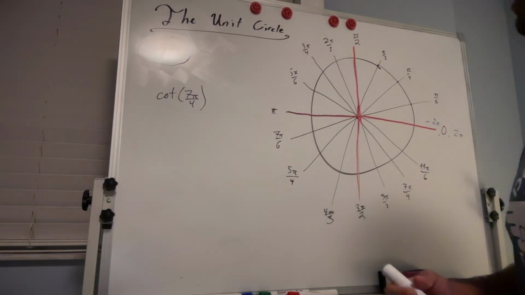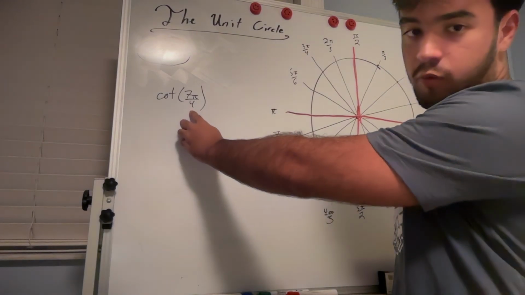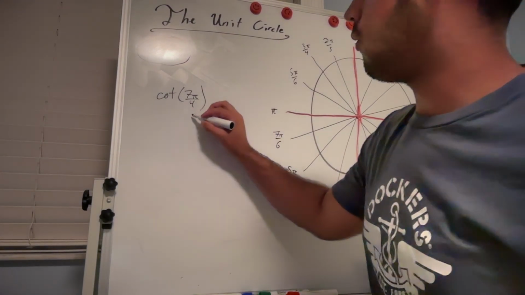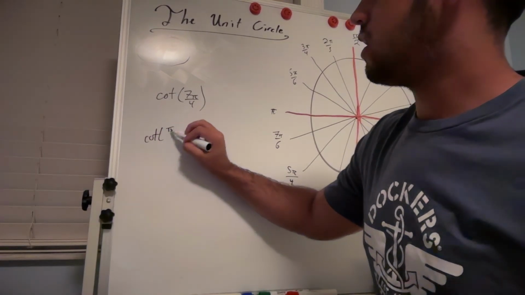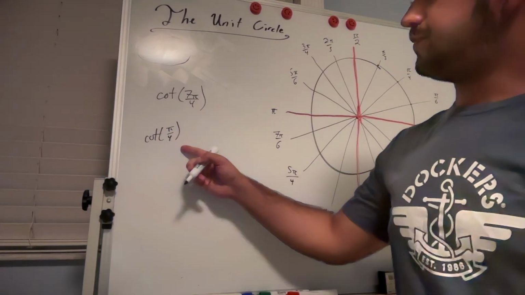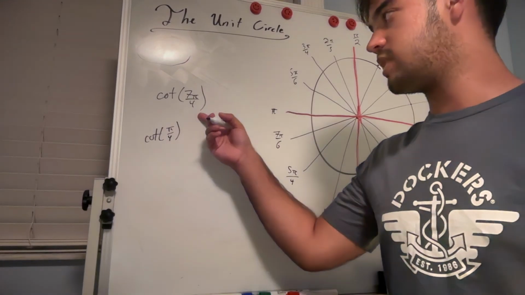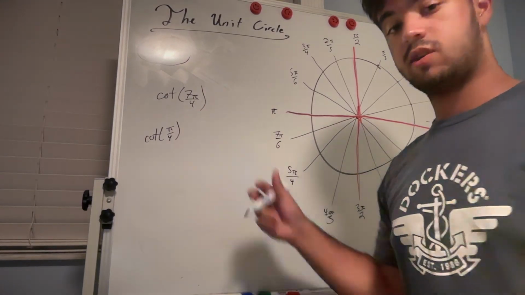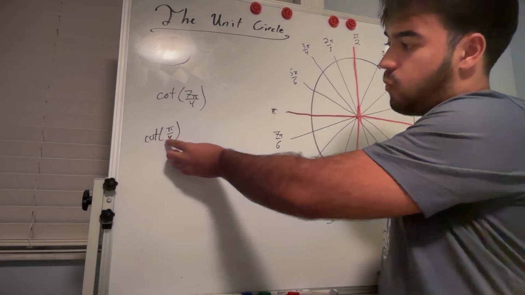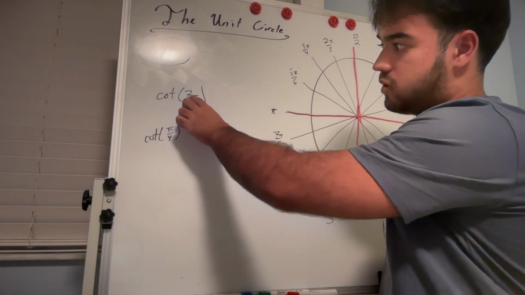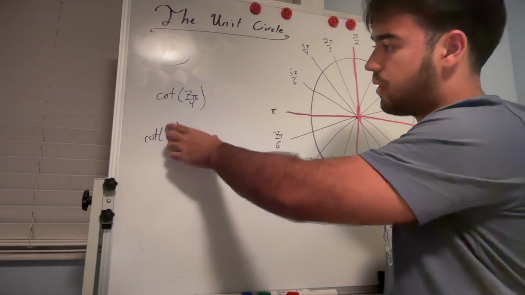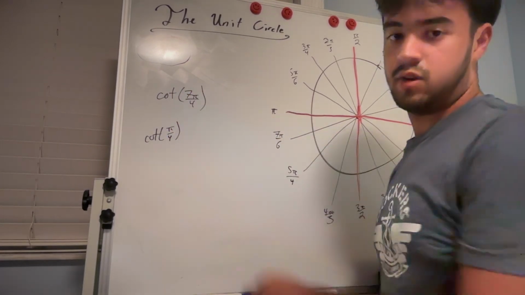And how to find the reference angle? Well, if it's over 4, my reference angle is over 4. So I'm first going to look for cotangent of pi over 4. And the same thing happens if it's over 6 or over 3. Just think of it without the extra numerator. Just pi. Like imagine it with a coefficient of 1 instead of 7.